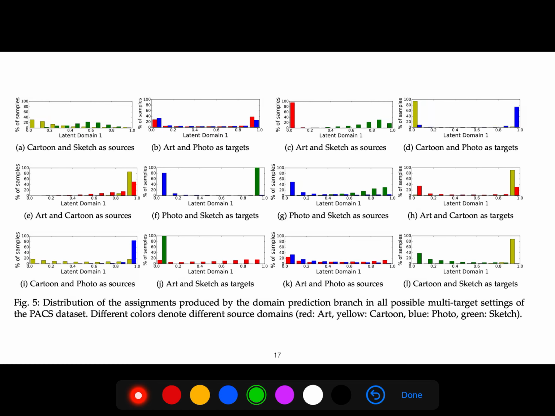So PACS is, P is photo, A is art, C is cartoon, and S is sketch. PACS dataset is very good for multi-source domain adaptation and even multi-source domain generalization if you consider your target to be unseen.